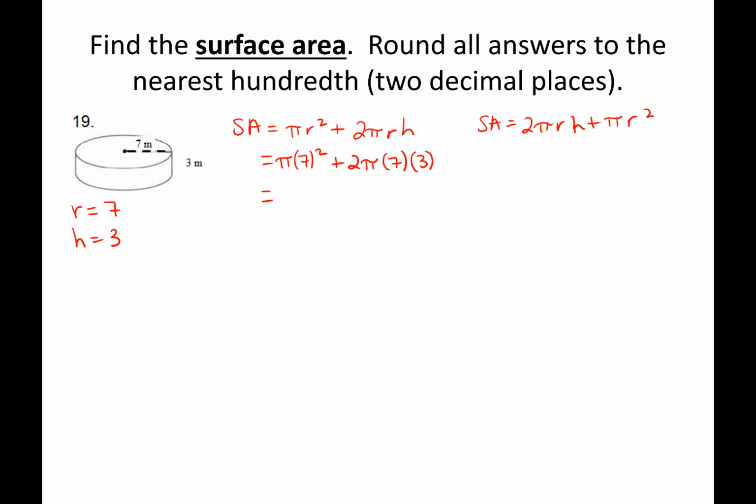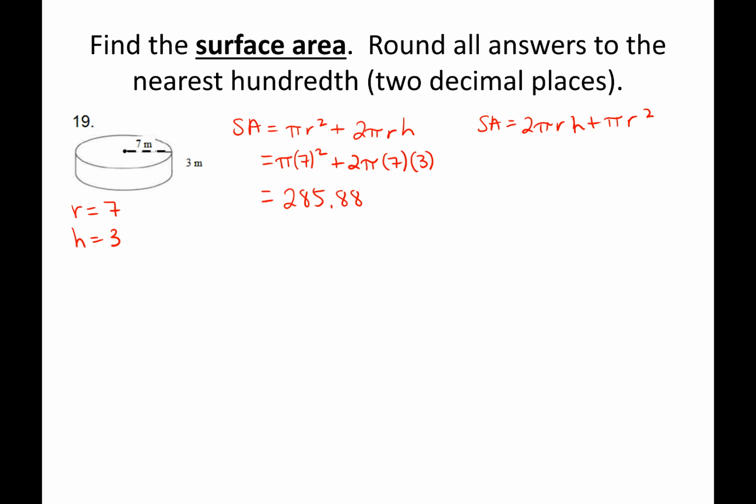So again, you can't see my calculations on my calculator, but I'm just typing it in. So pi times 7 squared, and then I have plus 2 times pi times 7 times 3, and then equals, I get 285 point, rounding to 2 decimal places, I get 88.